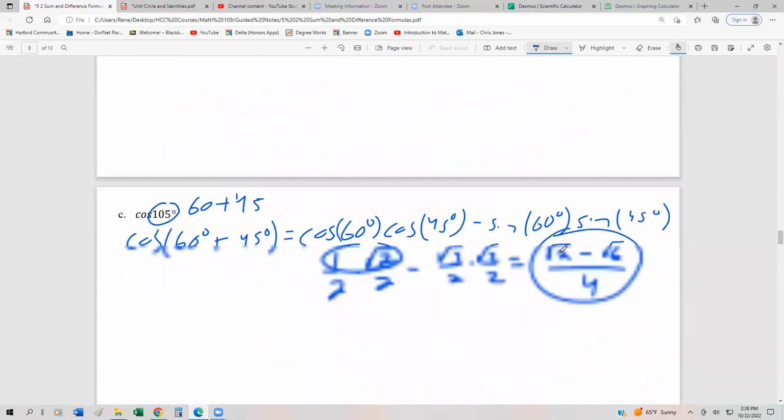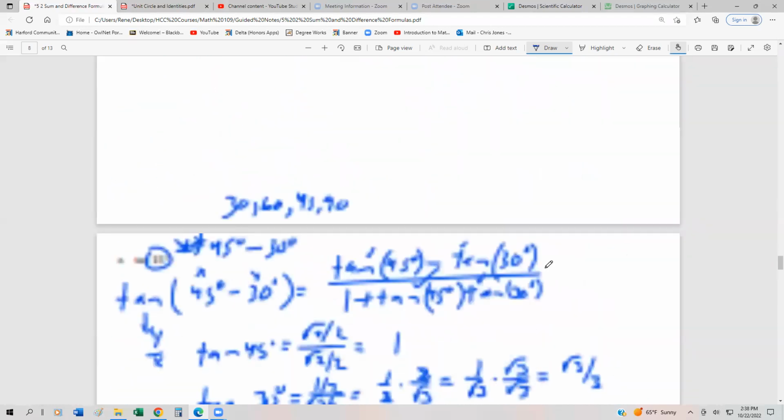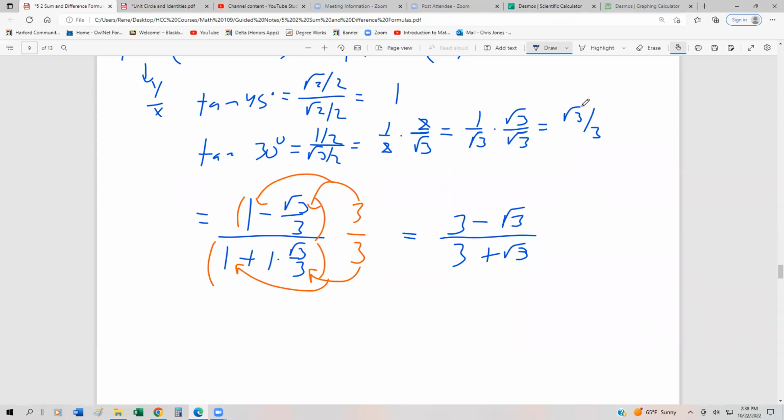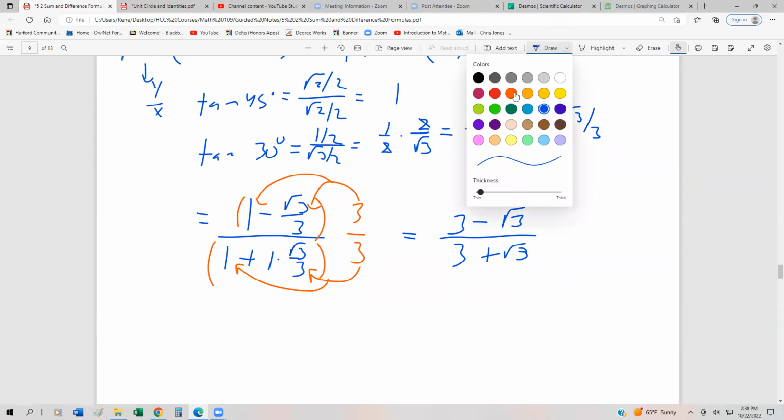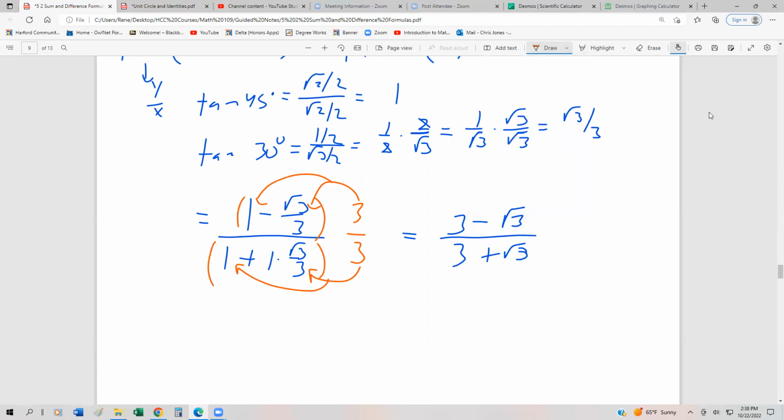And anytime there's a radical in the denominator, it's still not rationalized. So because there's 2 terms in the denominator, we have to multiply by the conjugate. And the conjugate of 3 plus square root of 3 is going to be 3 minus the square root of 3.